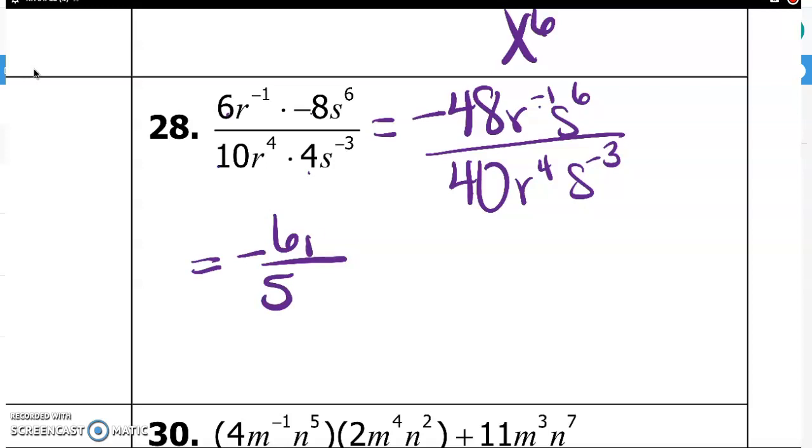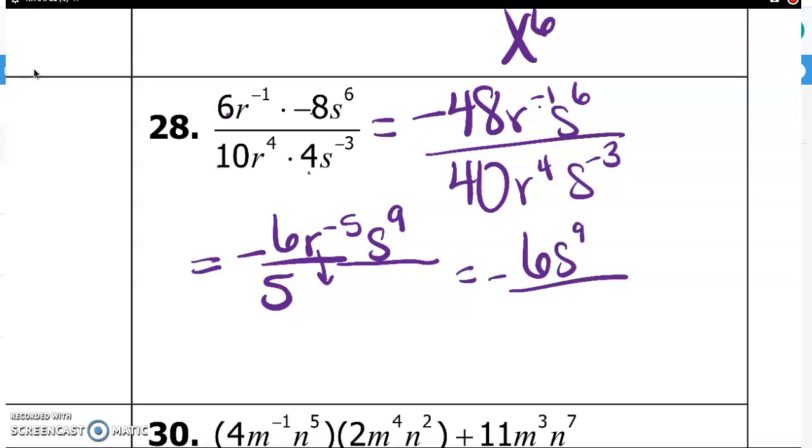R would be to the negative 5th, negative 1 minus 4. S would be to the positive 9. 6 minus negative 3 is positive 9. So that R needs to come down. So your final answer is negative 6s to the 9th over 5r to the 5th.